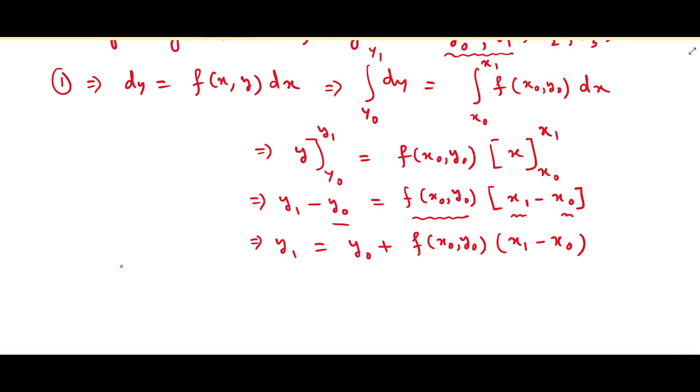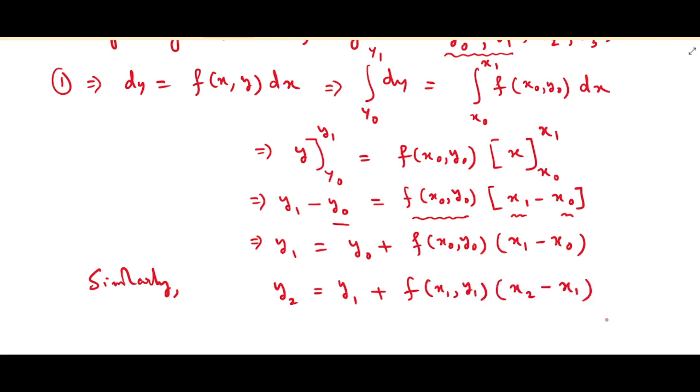So proceeding in the same way, what is y2? Just observe. In the above equation, on the left hand side we have y1, and on the right hand side the first term is y0. Now we are writing y2, so the first term will be y1, then f of x1 comma y1, and then it will be x2 minus x1.